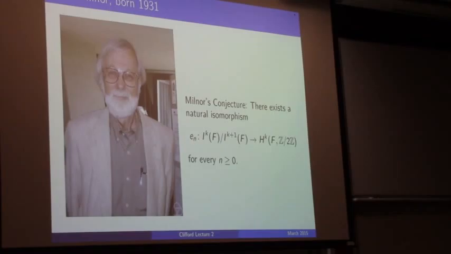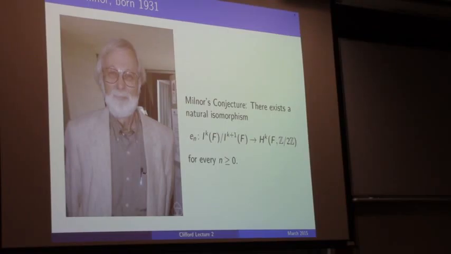And there's a third object. Milnor's conjectures actually concern isomorphisms among three different objects. One is this graded Witt ring. The other one is Galois cohomology with mod 2 coefficients, and the third one is Milnor K-theory. But I'm going to leave that out.